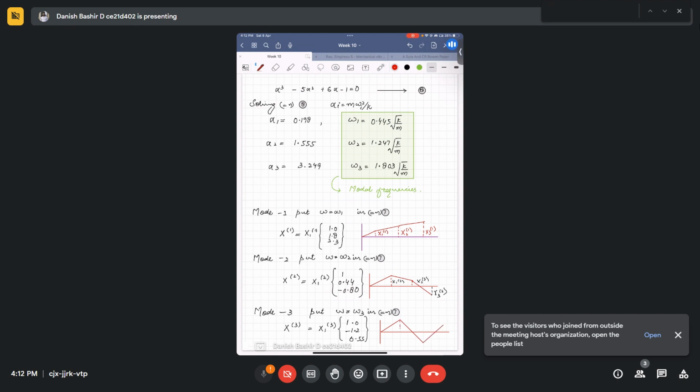So we have x1 of mode 3 here, x2 of mode 3 here, and x3 of mode 3 here, whose values you can get from these equations, X superscript 1, X superscript 2, and X superscript 3. These are the basic things you have to learn while deriving models for mode shapes.